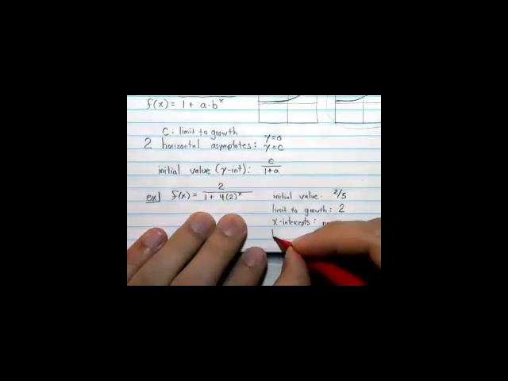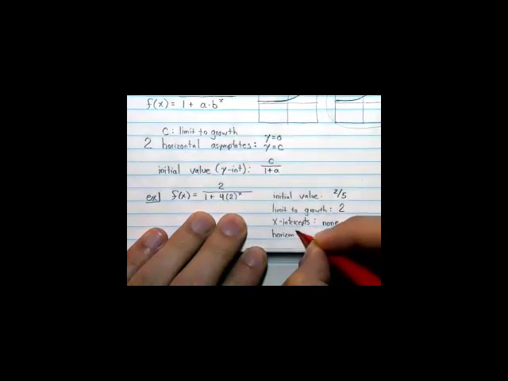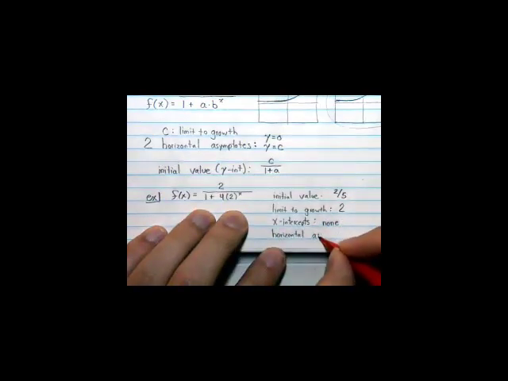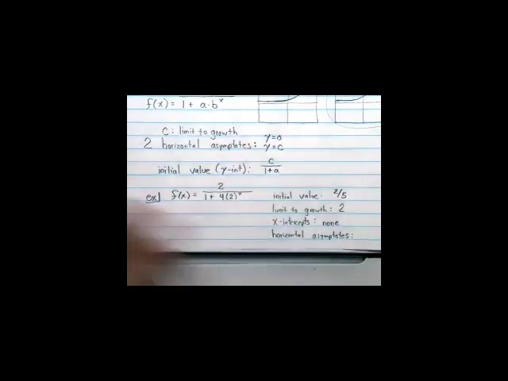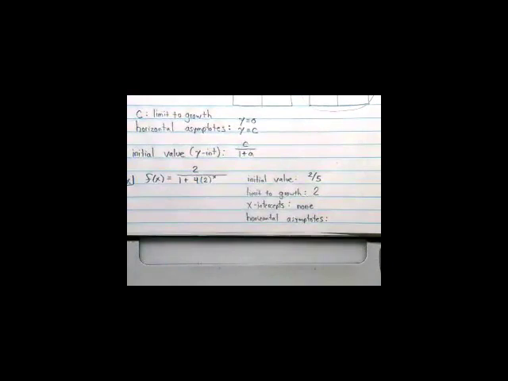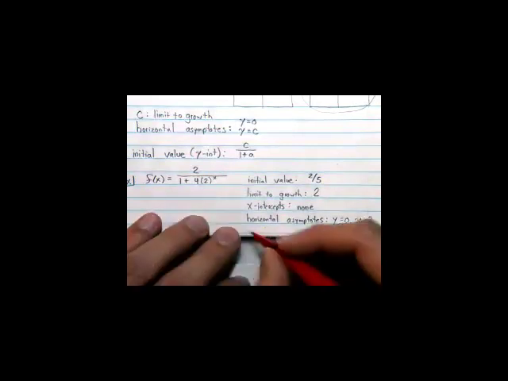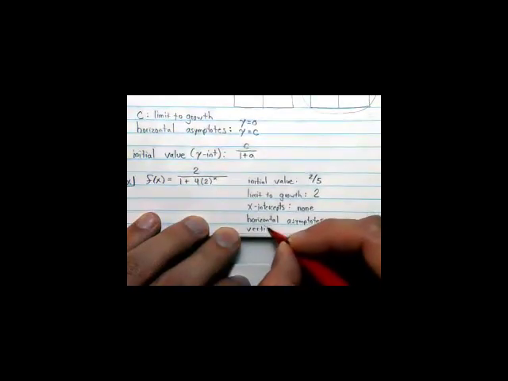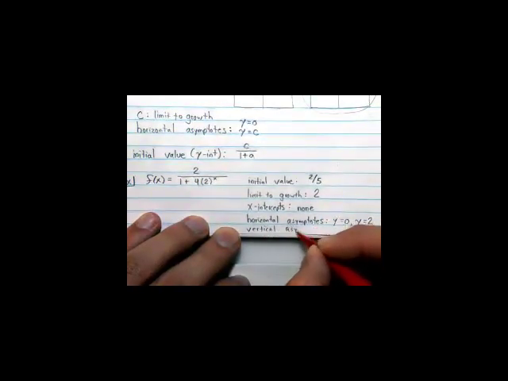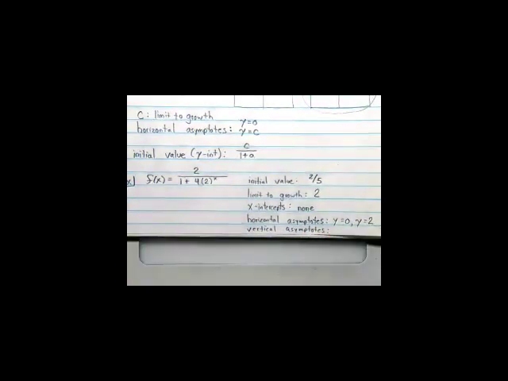How about horizontal asymptotes? For this particular function, what would be its horizontal asymptotes? Yeah, y equals 0, y equals 2, and then, since I got a little room here, what would be its vertical asymptotes?